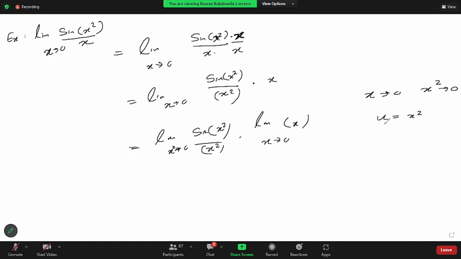Substituting u, you see sine u over u. When x approaches 0, u also approaches 0, so this term is 1.